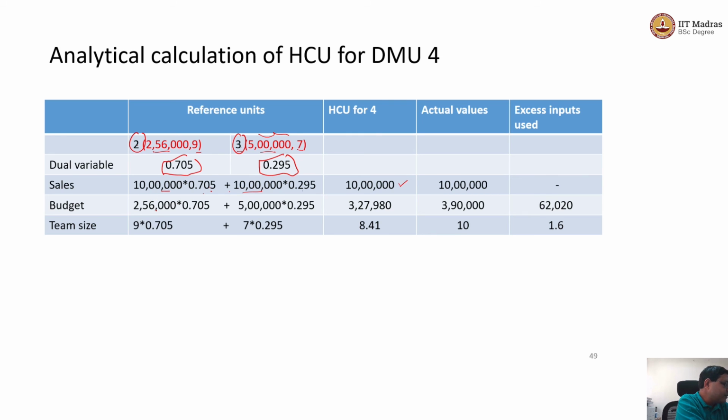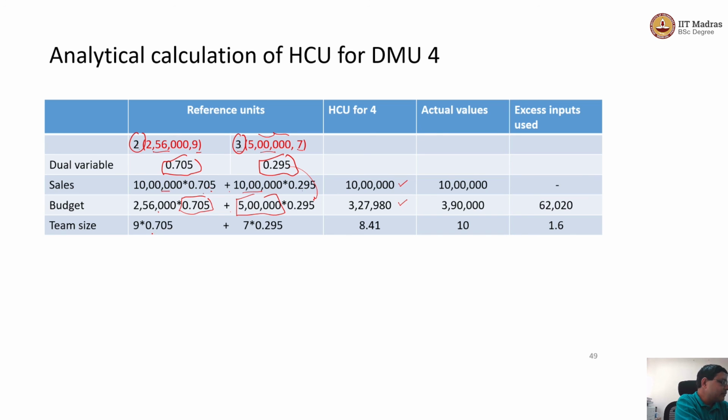The budget 256,000 for DMU2 multiplied by the dual variable for DMU2 plus the budget for DMU3 and the dual variable value for DMU3. So 256,000 multiplied by 0.705 plus 500,000 multiplied by 0.295 is going to give you this value, 327,980.